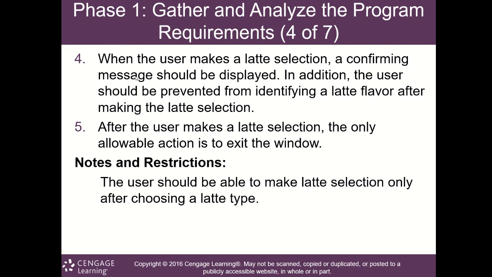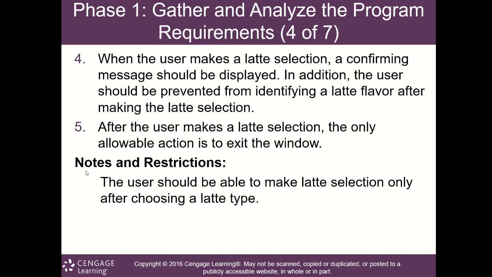The next step is that when the user makes a latte selection, a confirming message should be displayed. In addition, the user should be prevented from changing the latte flavor after making the selection. There is no point, right? After the user makes a latte selection, the only allowable action is to exit the window.